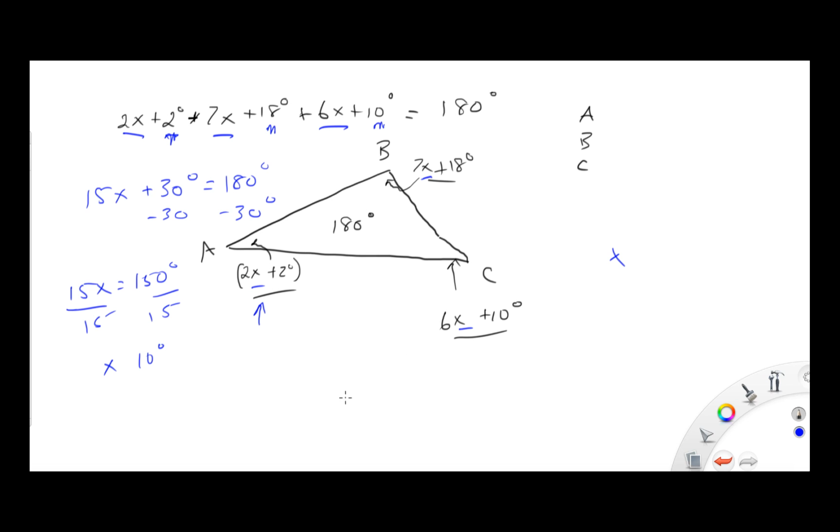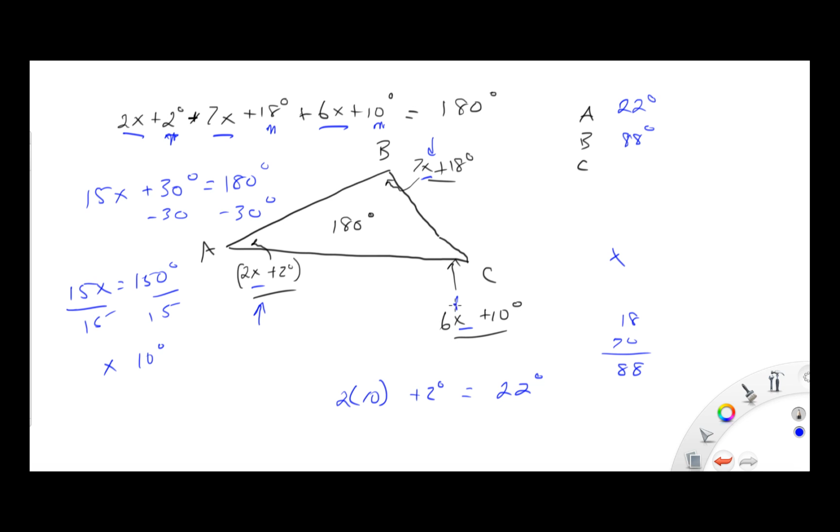So, if we put 2 times 10 plus 2 degrees, 2 times 10 is 20, plus 2 is 22 degrees. So A is 22 degrees. Let's put B in. 7 times 10 is 70, plus 18, we have 88 degrees.